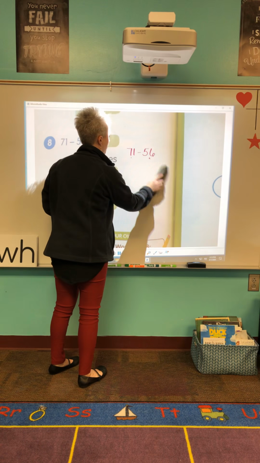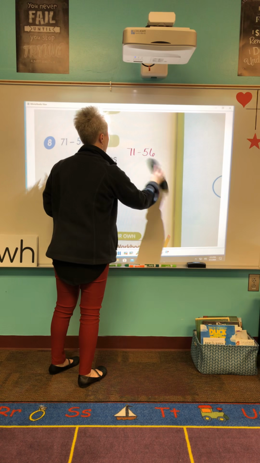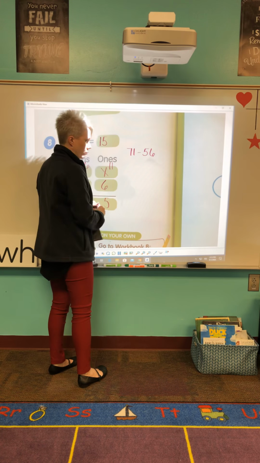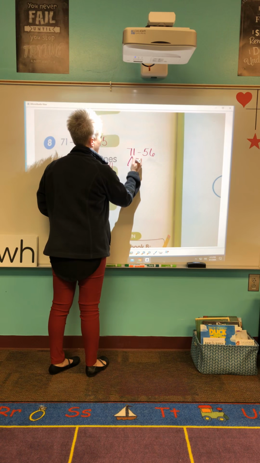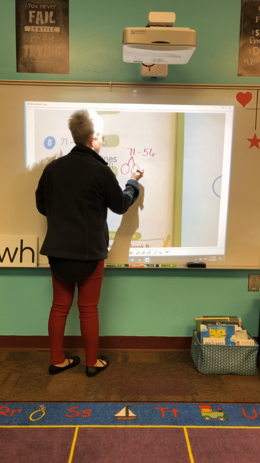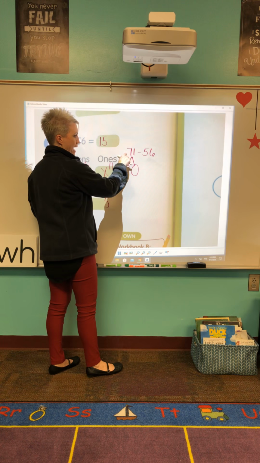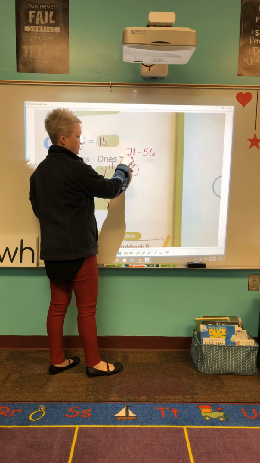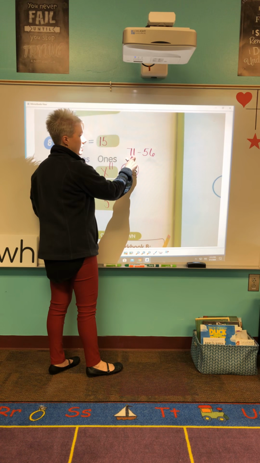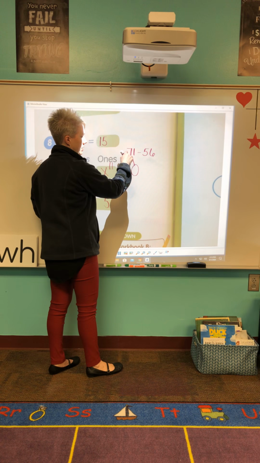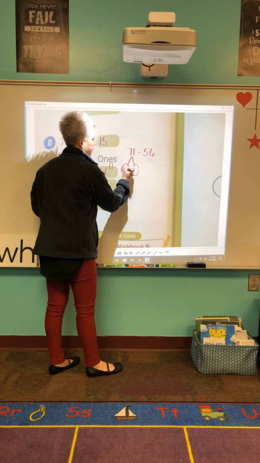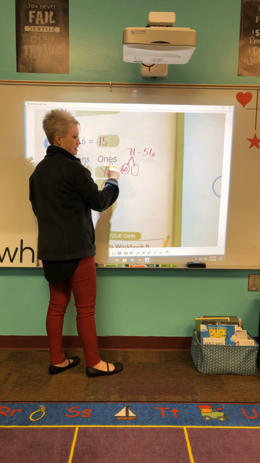So, when I branch out, I have to regroup. So, I have to bump back that 7. I'm going to borrow a 10 from my 7 tens and give it to my 1. So, if I take 1 10 from those 7, that 7 becomes a 6. 6 tens is 60.